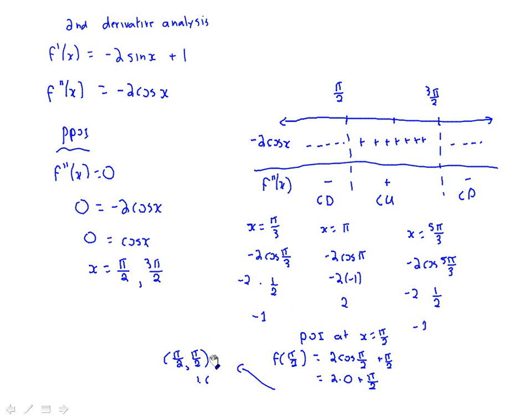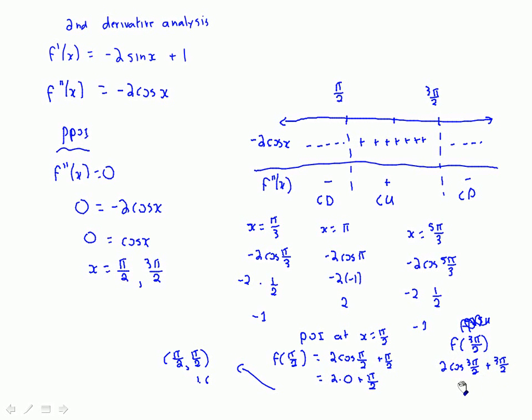Okay, so now we should be okay with this. Let's see where the second one takes us. It's tight for space, but if we do find f at 3 pi over 2, you'll see that that's going to be 2 times the cos of 3 pi over 2 plus 3 pi over 2.